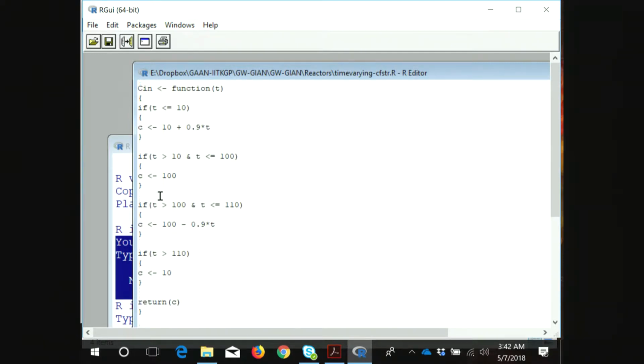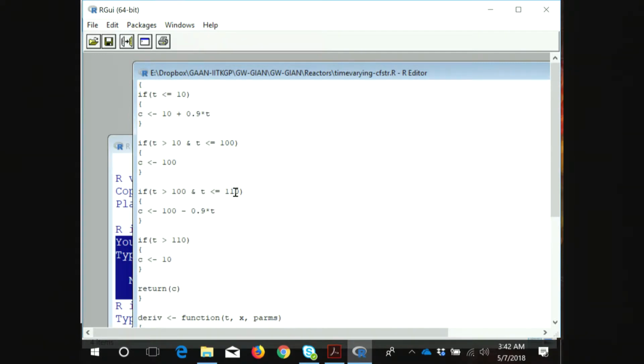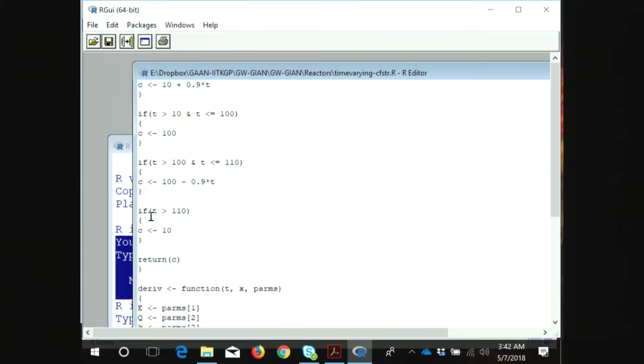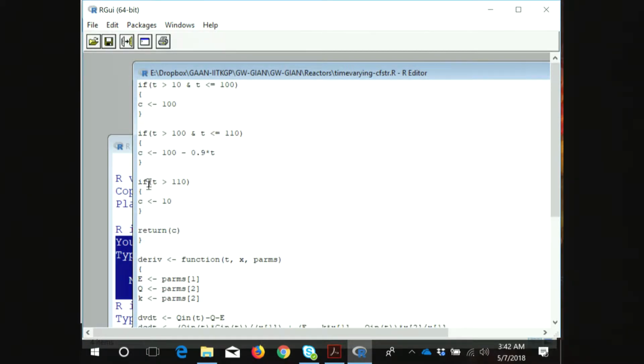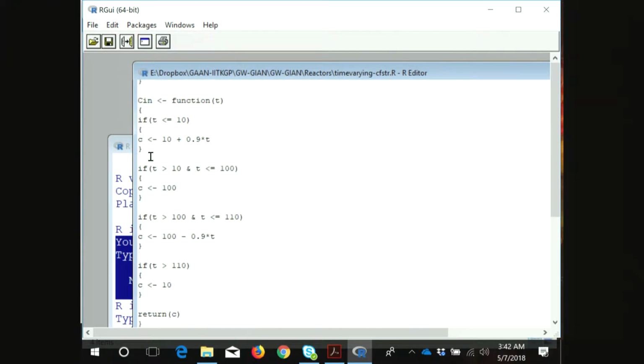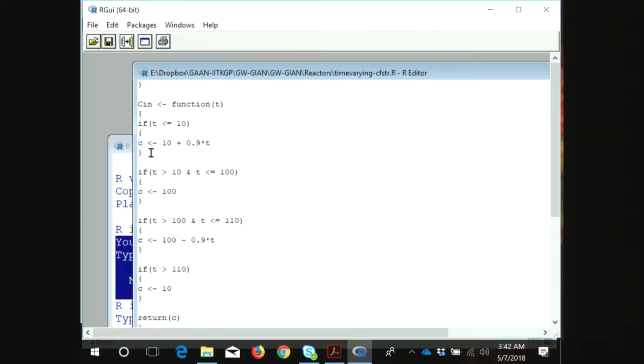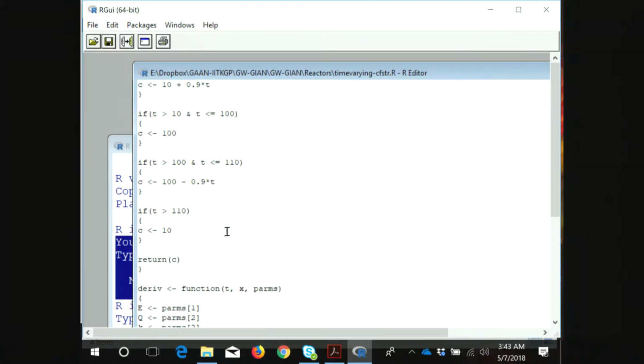And if it's greater than 100 and less than 110, it drops back to 10, and if it's greater than 110, it's 10. So I return that. I use four if statements rather than an if-else, if-else, if-else. You could also do a case statement, like switch, and write it that way. It's up to you.